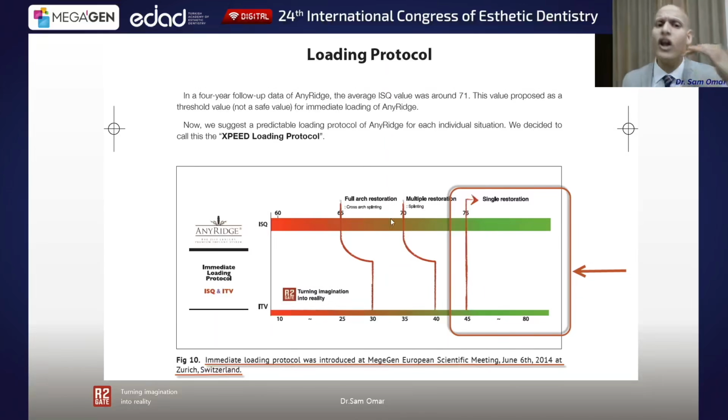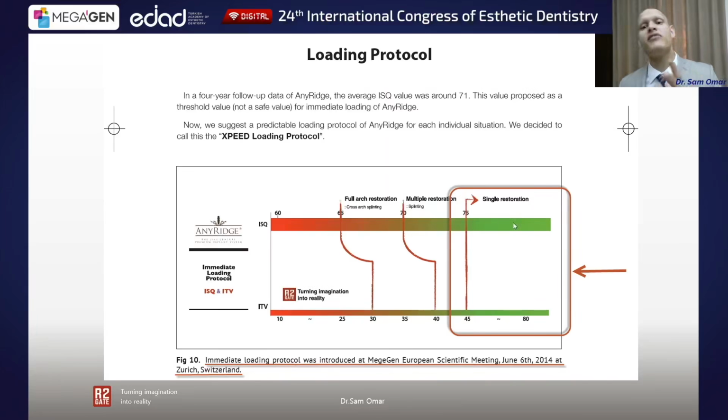If we have a full arch case and we get 30 Newton centimeter when placing the implants, and we get 65 ISQ, and we have a full arch restoration with cross arch splinting, it is considered safe to load this restoration.